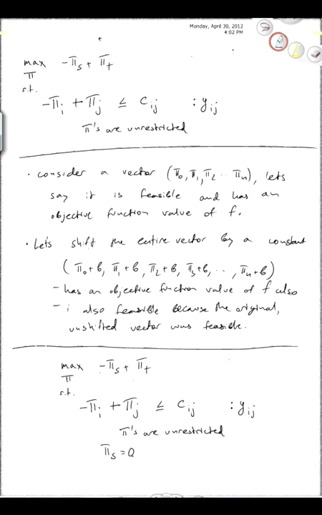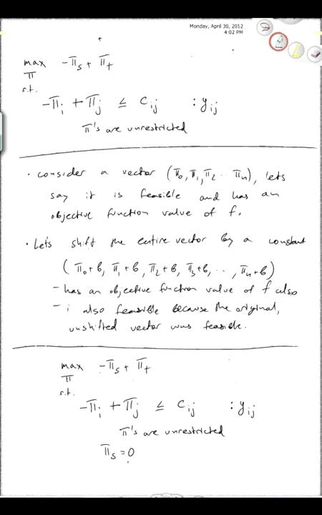When we add this constraint, we can no longer do this shifting because we took one coordinate and fixed it to be 0. We could have done this with any coordinate. We could have said pi t equals 0 or pi t equals 5 or whatever we wanted. But we just said pi s equals 0. And that's one way of getting rid of this shifting degree of freedom.